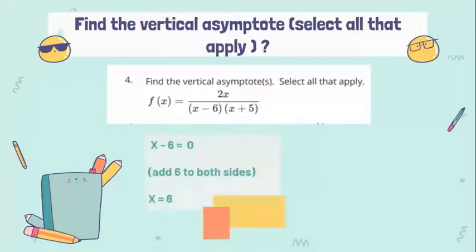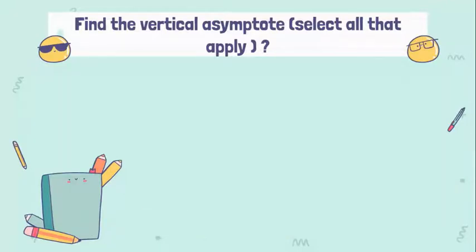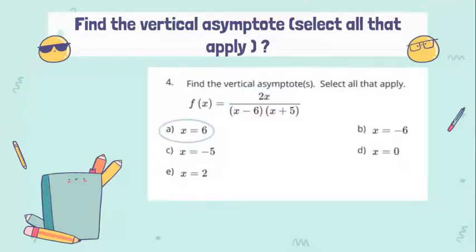As you can see here in the first bracket, I set it to 0, so x minus 6 equals 0. I added 6 to both sides, and the answer is x equals 6. I did the same for the second one, and the answer was x equals negative 5. So the answer for this question is A, x equals 6, and C, x equals negative 5.